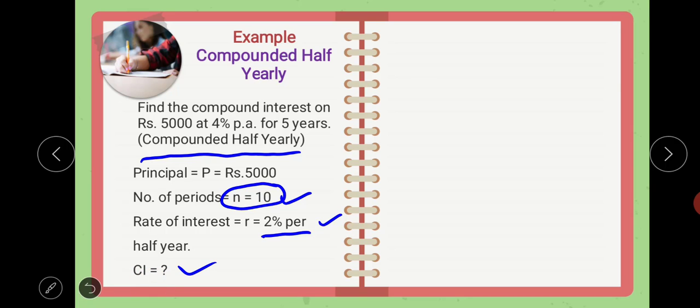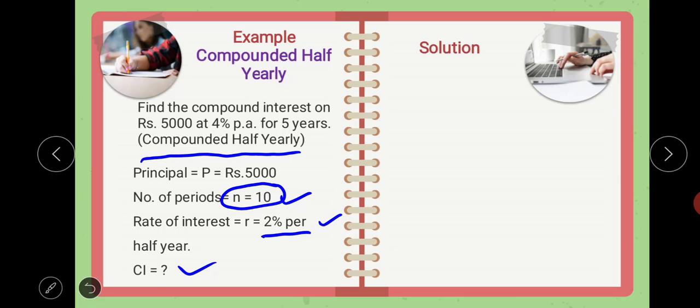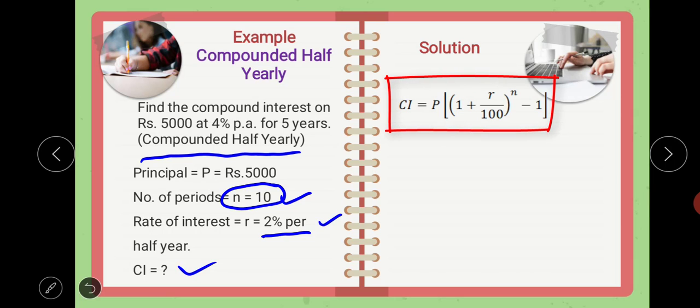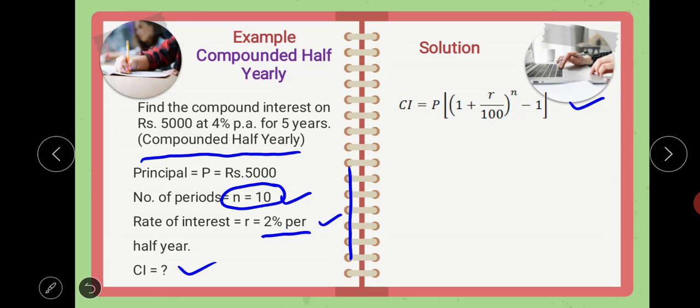Then the solution will be, firstly, what is the formula for compound interest? Compound interest is equal to P into bracket 1 plus R upon 100 bracket raised to N minus 1. Please use this formula to calculate the compound interest directly. Put these values in this formula.